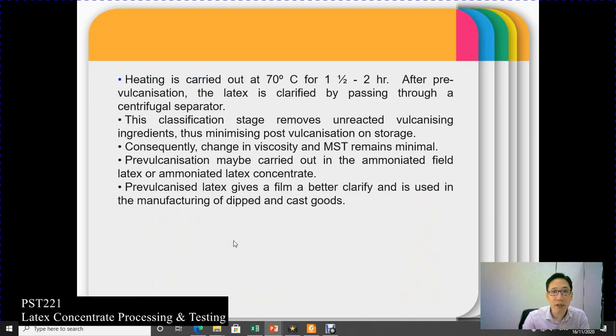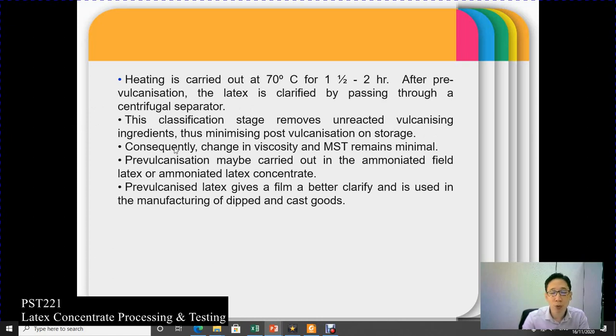And then heating is carried out at 70 degrees Celsius for 1.5 to 2 hours. After pre-vulcanization, the latex is clarified by passing through a centrifugal separator. Okay, this clarification stage removes unreacted vulcanizing ingredient, thus minimizing post-vulcanization during storage. So this step is very important to remove the unreacted vulcanizing agent.